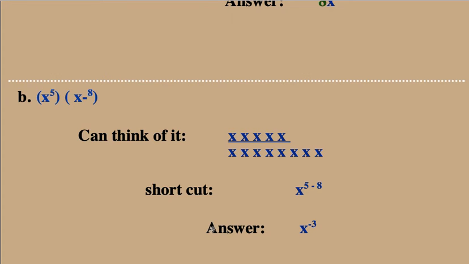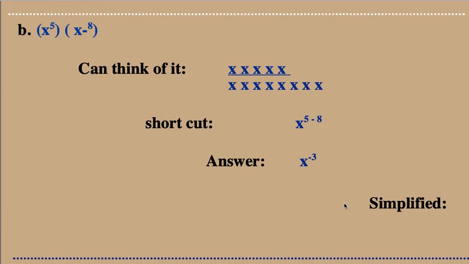With the negative 3, the visual is probably going to be a little bit better, noticing that you have 3 left on the bottom. Your teacher is probably going to want you to have it in this format with a positive exponent.